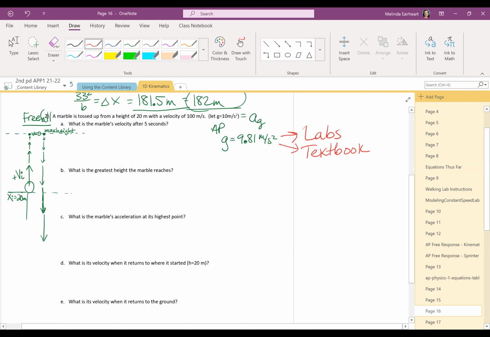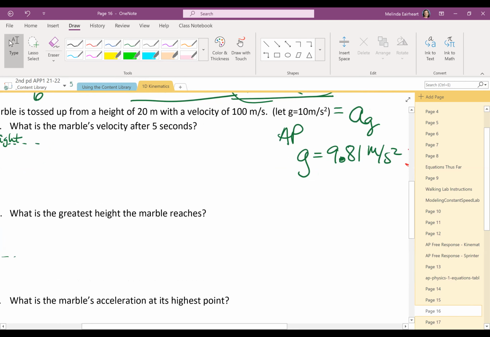Let's use 10. A marble is tossed up from a height of 20 meters with a velocity of 100 meters per second. What direction did we toss it? Up. I'm going to make up positive. Therefore, gravity acts negative, so I'm going to use g as negative 10.